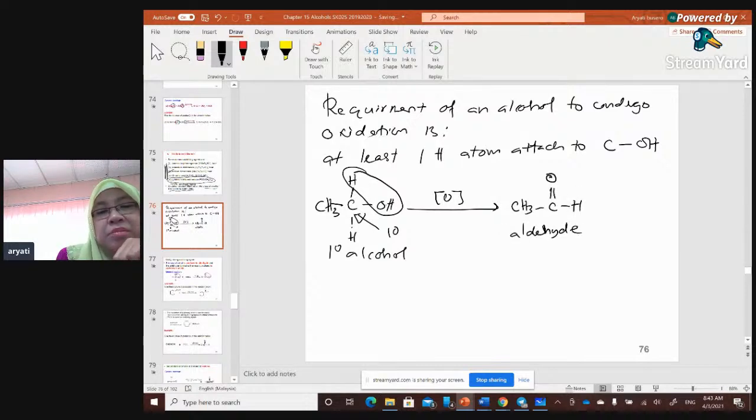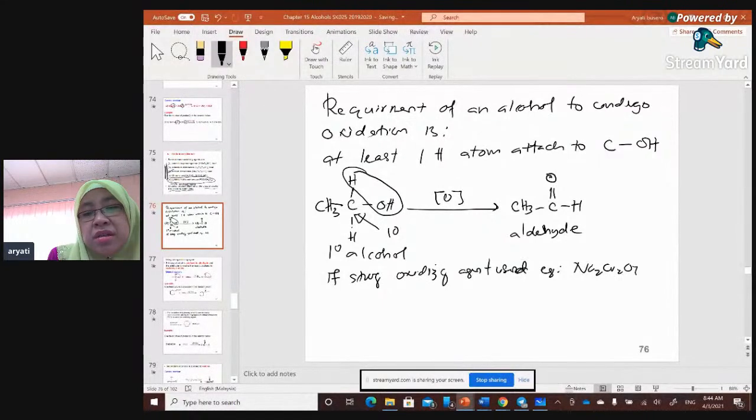Okay, tapi bila kamu if strong oxidizing agent digunakan, contoh example strong oxidizing agent is example adalah sodium dichromate yang macam kamu buat kat lab tu, acidic and heat.